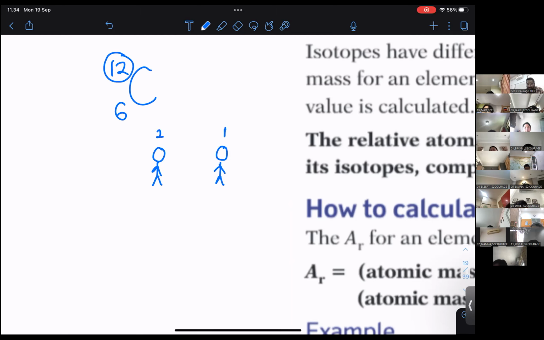And you have another person who is 4 times heavier than number 1, so I will say 4.